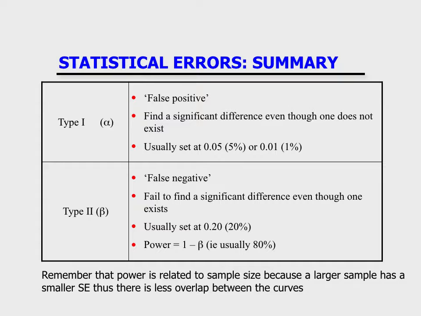We set this at about 0.20, and we subtract the 0.20 from 1, getting basically a fraction, and the power is usually 80%. You're usually shooting for 80%. What that really means is that your sample size is large enough that the power, the magnitude of your study, is set at 80%.